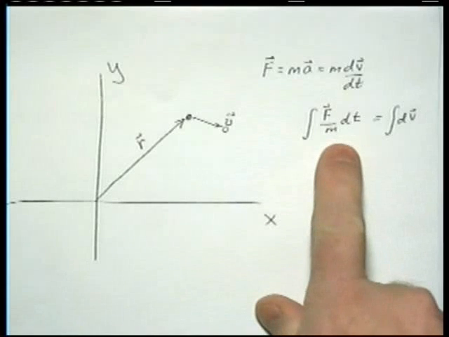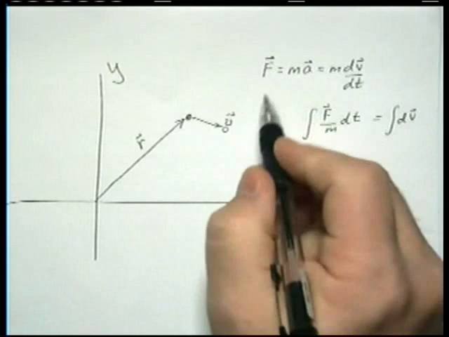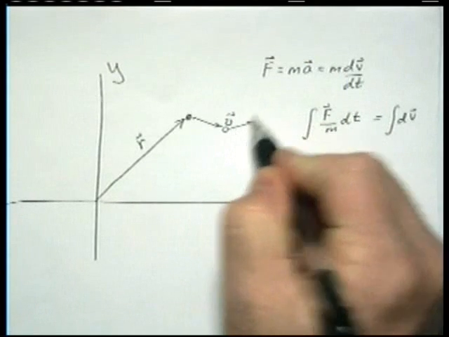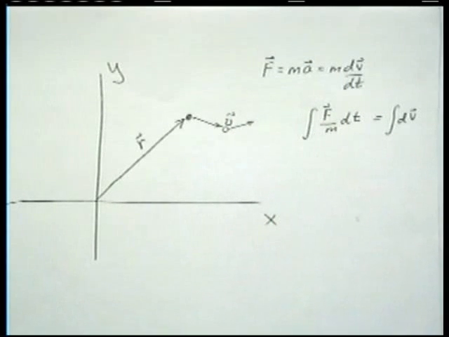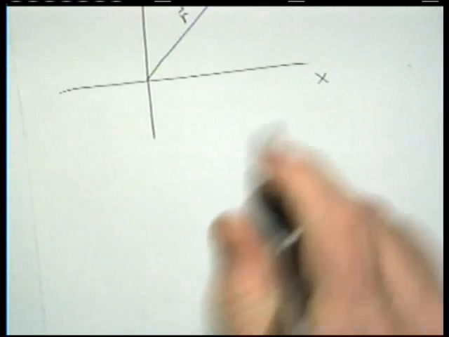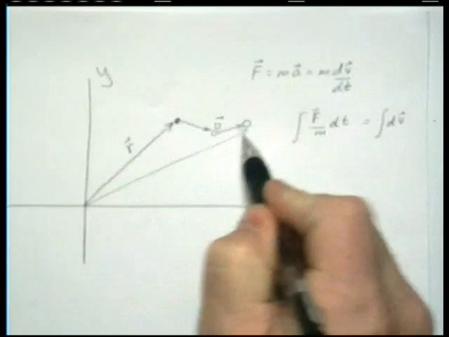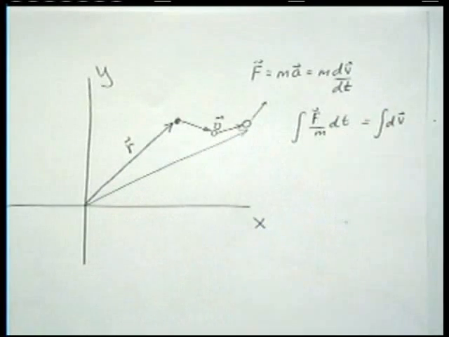So with that relation, Newton's second law, I can tell you what the new velocity was. Maybe it's like this. And then I could step another unit at a time and go over here. And I have a new R. And I have a new V. And so on and so forth.